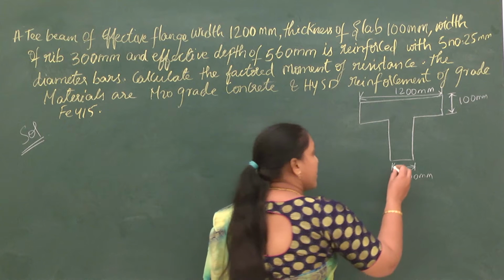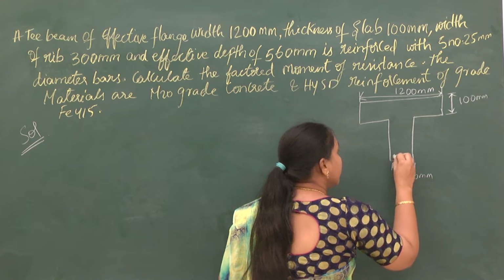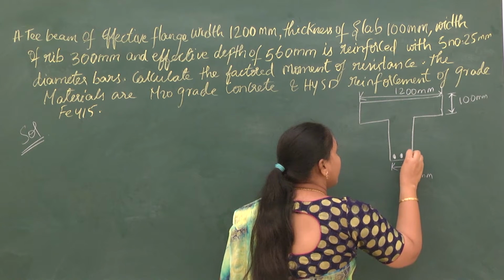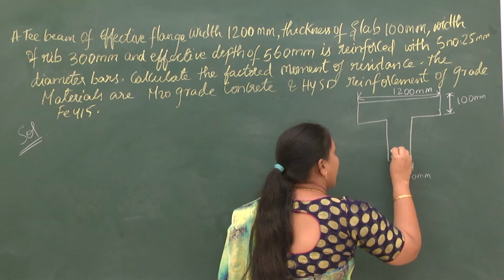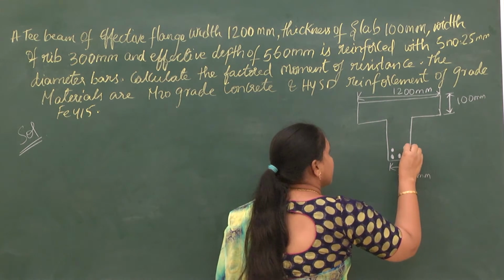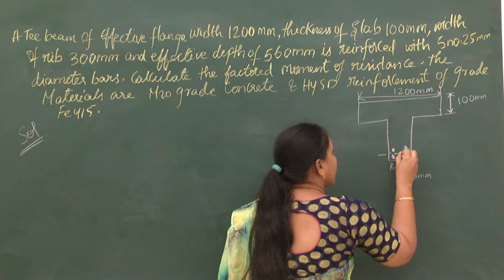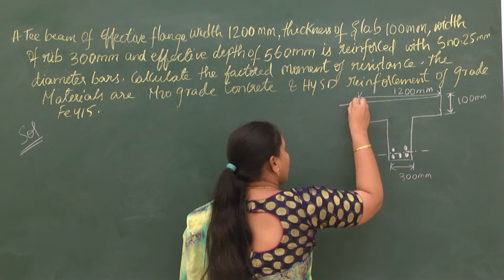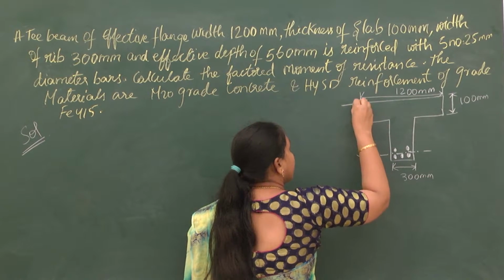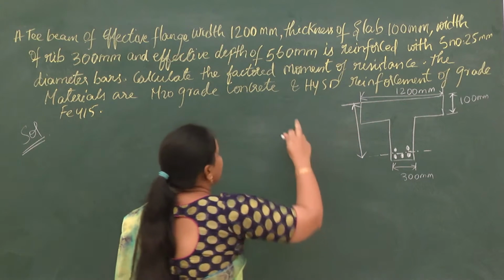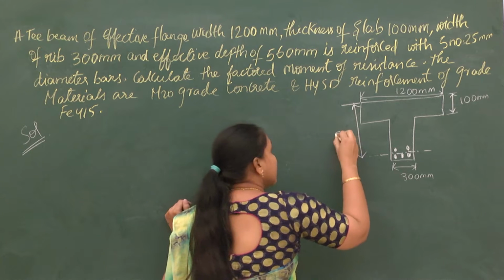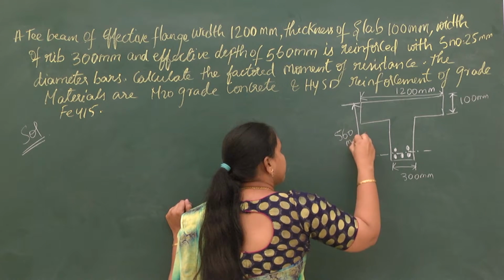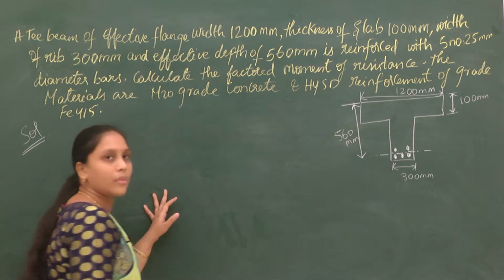That is, you have 5 number of bars present here, and the effective depth d is given as 560 mm.